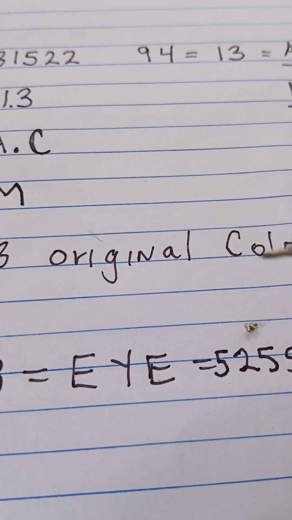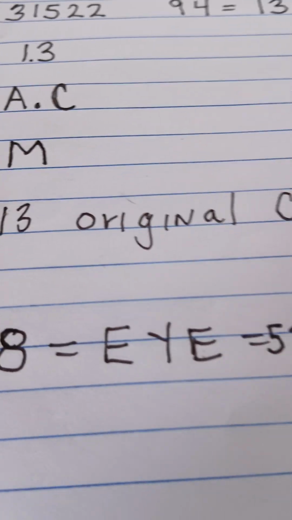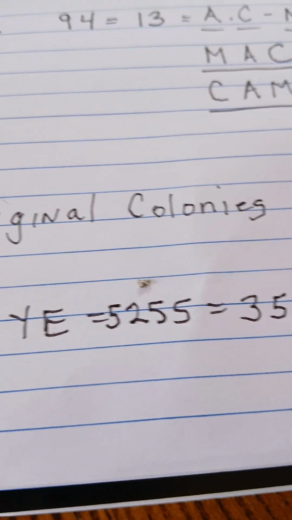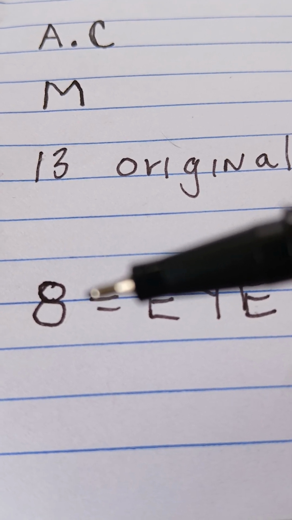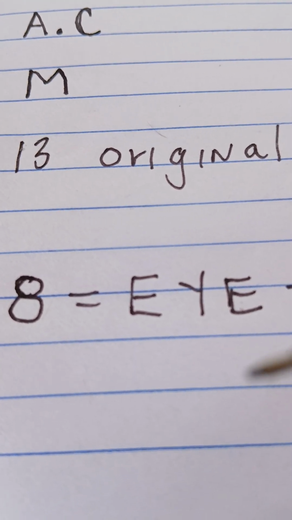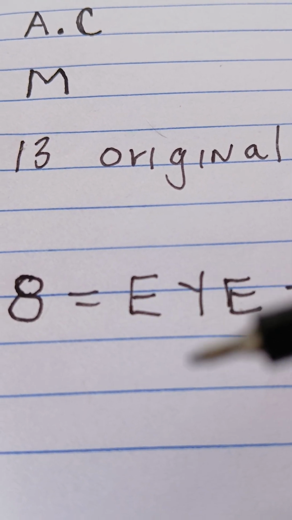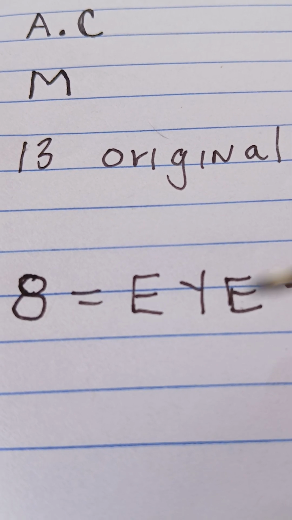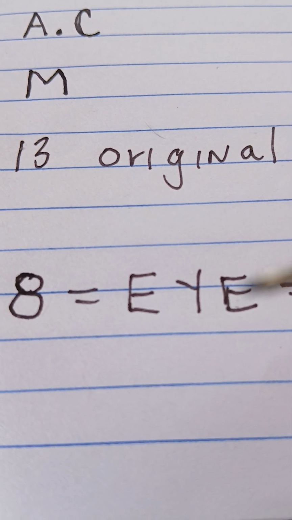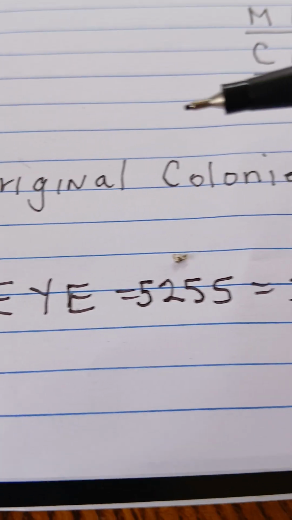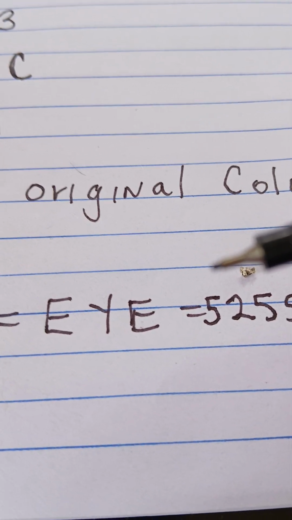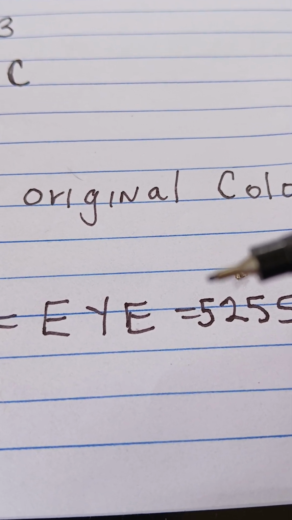Okay, we already did the 13 original colonies. I'll kind of go over this. It all boils back down to the number 8 also, because the 8, just like the fake all-seeing eye event that people went and watched on the 8th, the eclipse recently. And I think the next one's on the 17th, which is another 8.